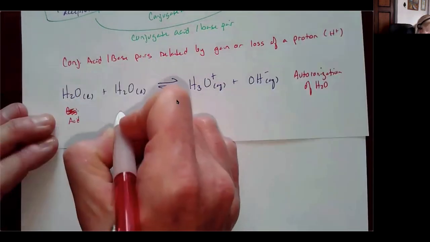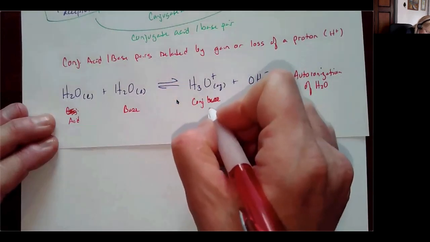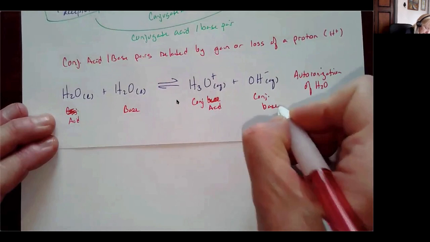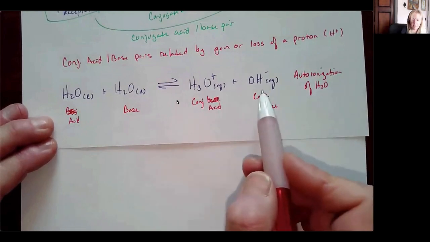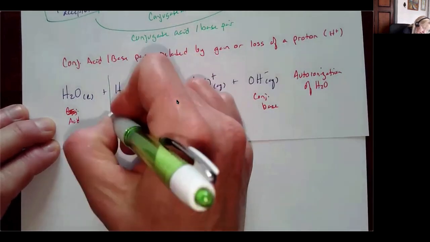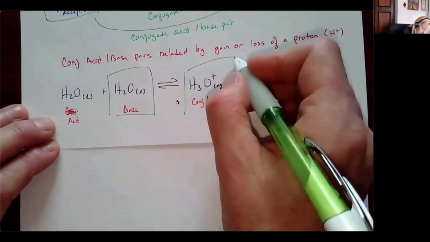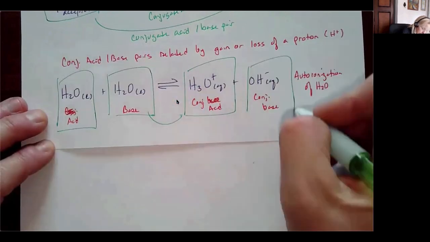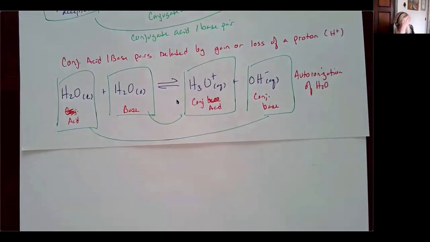This will be my acid, this will be my base, this will be my conjugate acid, and this will be my conjugate base, because this is going to donate a proton, this is going to accept a proton. So my pairs here are going to be this, a conjugate acid-base pair, and this, a conjugate acid-base pair, for the autoionization of water. And we'll come back to that in a bit.